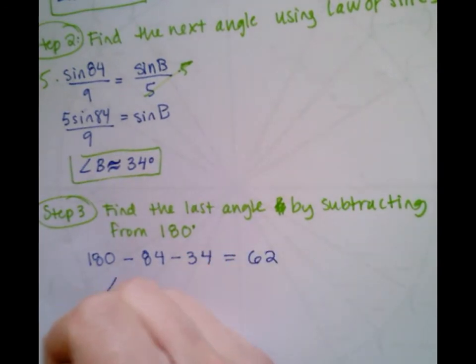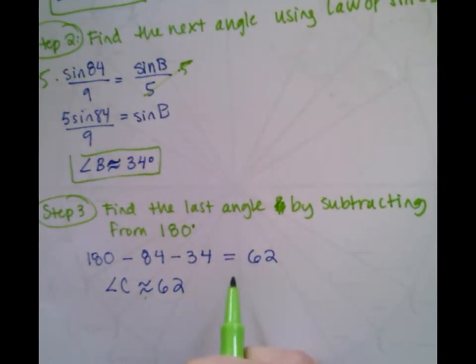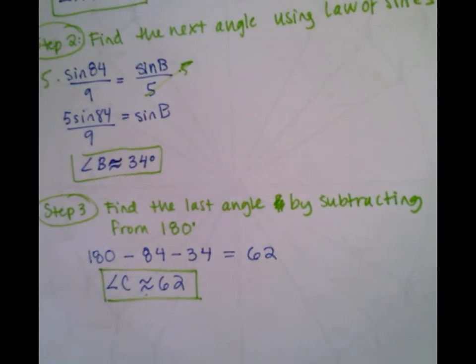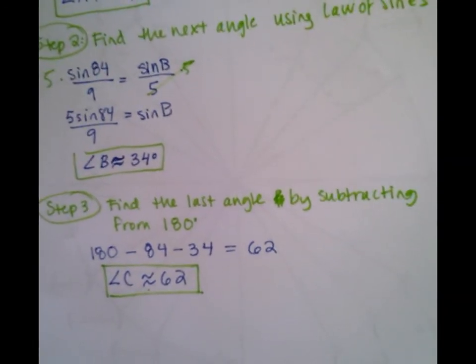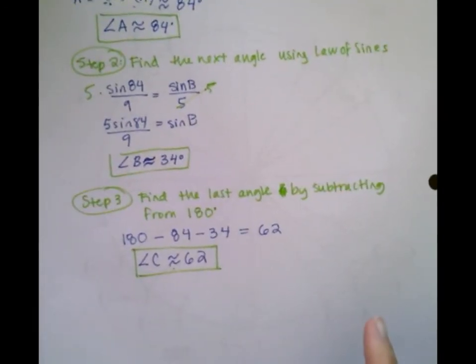So now we know angle C is approximately 62. And I'm saying approximately, I didn't round here, but I was rounding along the way. So this also ends up being approximate. Okay, so now I've shown you how to solve both types of triangles, either SAS or SSS, and you can do the best that you can on problems 1 and 2 on the homework.